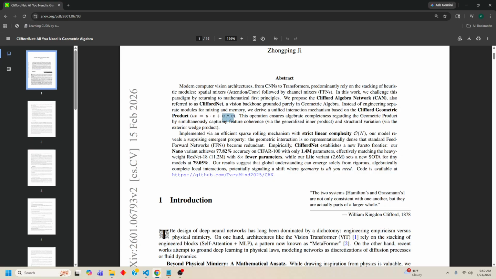The wedge product, if I understand this right, is about how a change in the context changes the direction of the vector.